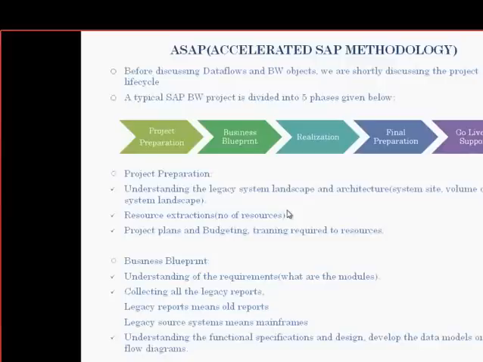Functional specifications means business need and infrastructure. So understanding everything about the business and the requirements is the first step in the business blueprint, followed by designing and developing the data flow diagram models, which will be put into the technical specifications later.